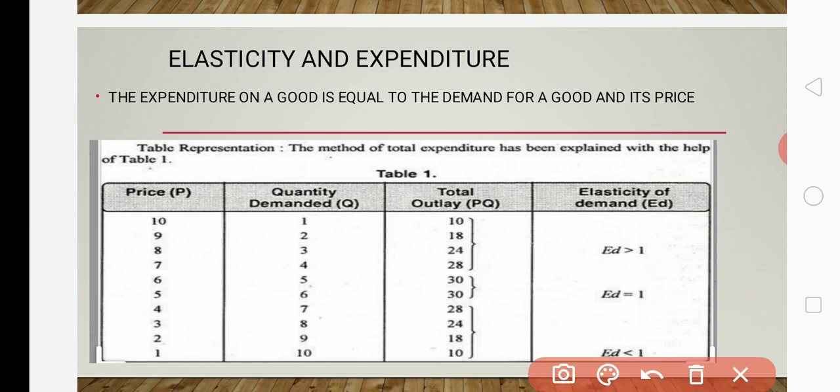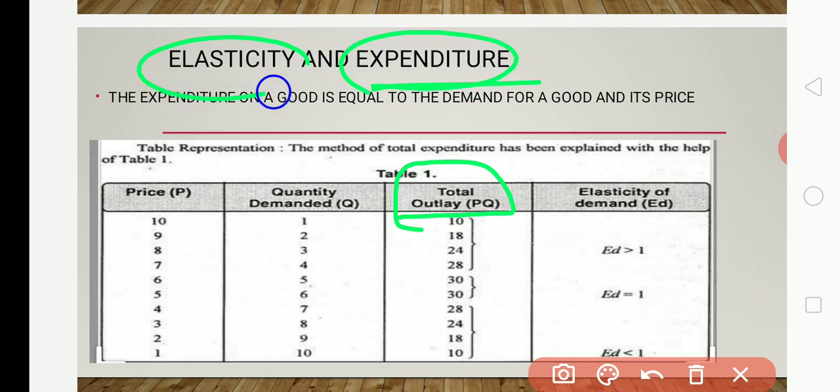Now the expenditure is done. We are relating this expenditure with elasticity. Now elasticity of demand: in one of my earlier videos I've already posted about elasticity of demand. There we have 3 types of elasticity of demand. Number 1, price elasticity of demand.